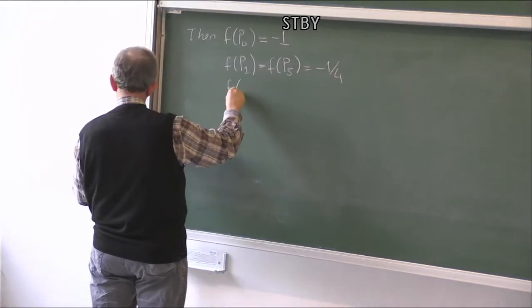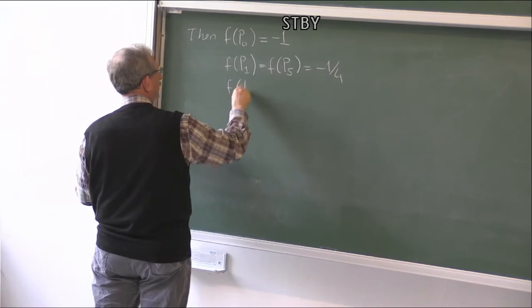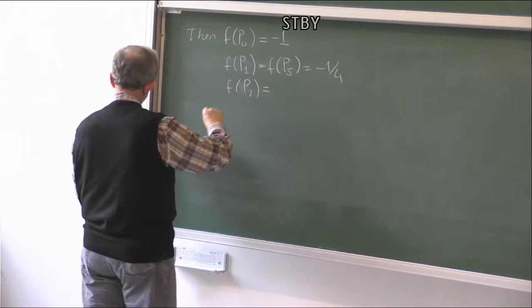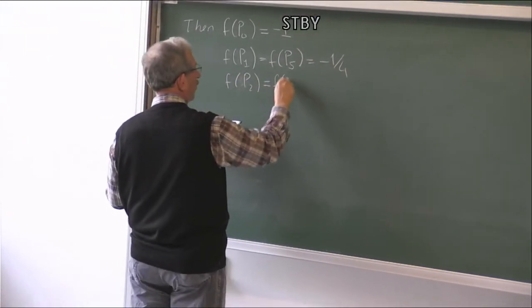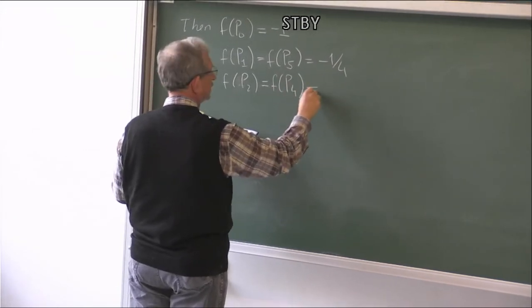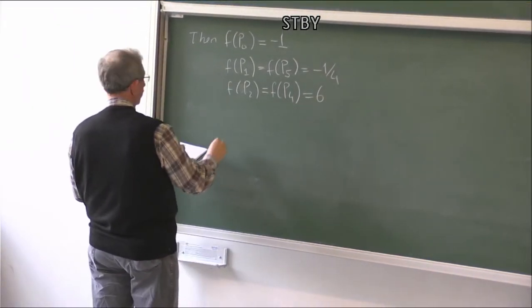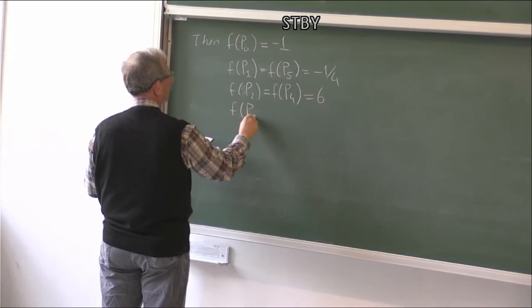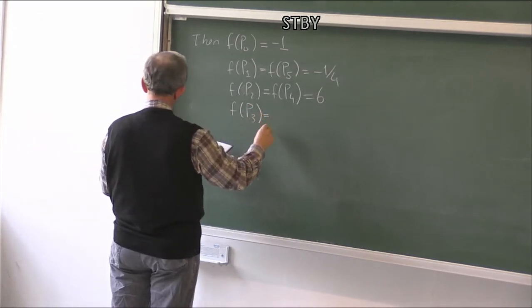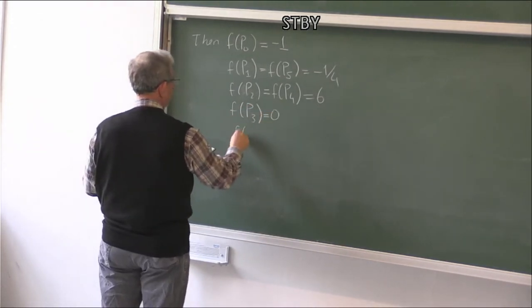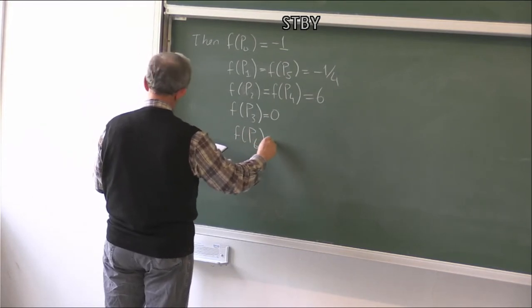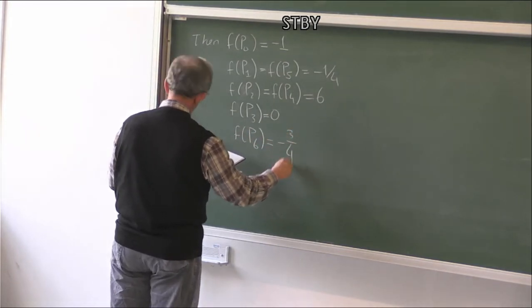We have f of P2, which is f of P4, and that is 6. And we have f of P3, which is 0, and f of P6, which is minus 3 over 4.